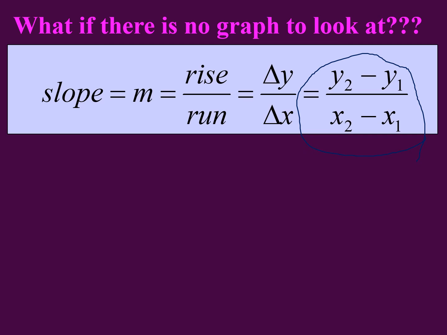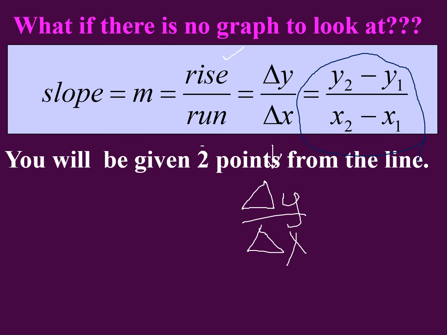So it'll be subtracting the y's over the x's. Still rise over run. So you do it like that. Anybody know what those little triangles mean? Delta is the Greek letter. Delta of y means the change of y. So the change of y over the change of the x's. And so you do subtract.